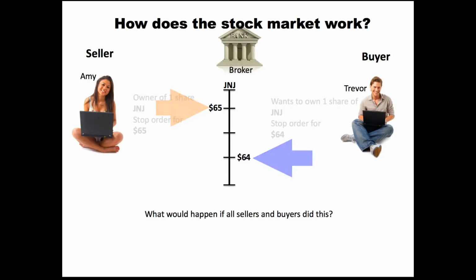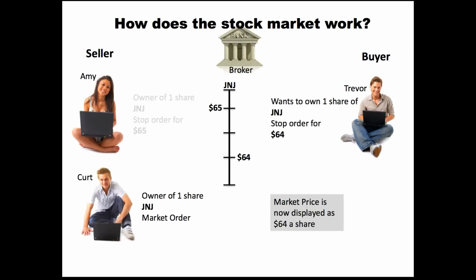So let's assume that Amy and Trevor stick to their stop order, and she keeps hers at 65, he keeps his at 64, and then all of a sudden we have this person entering, Kurt. Okay, and Kurt owns one share of Johnson & Johnson, and he's listed over there on the seller side with Amy. And instead of putting in a stop order, he puts in what's called a market order.